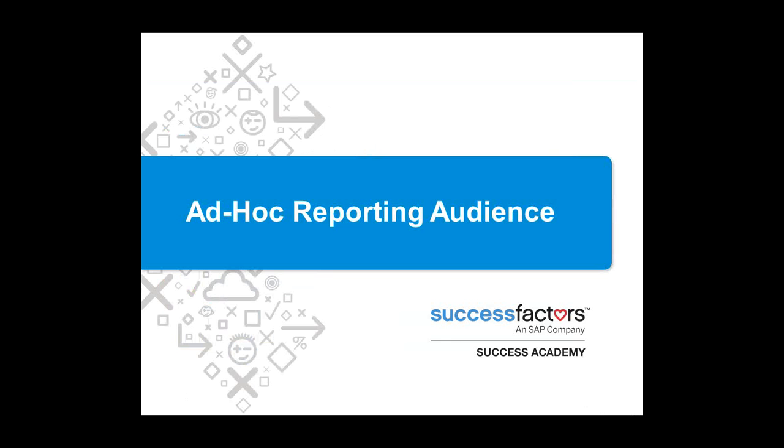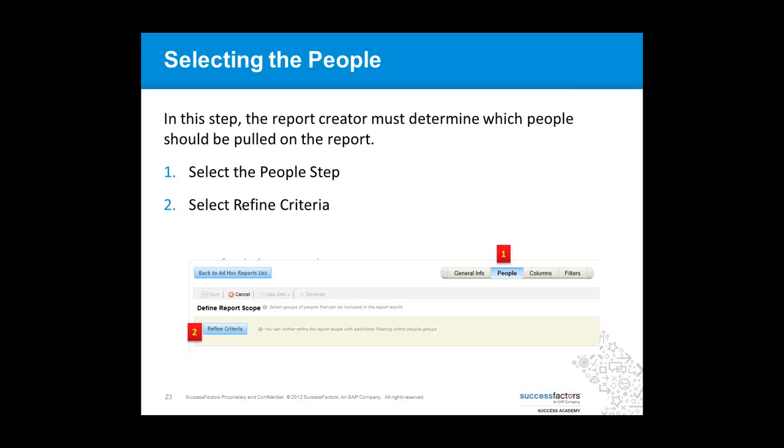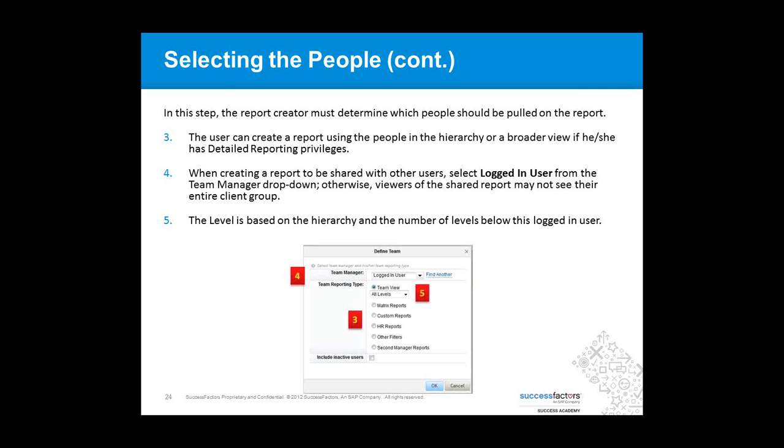Then you can have a reporting audience as well, and you can pull the report based on people, or you can even refine it if you want to. You can use detailed reporting if you want a broader view, and you can also share with other users if you want to.